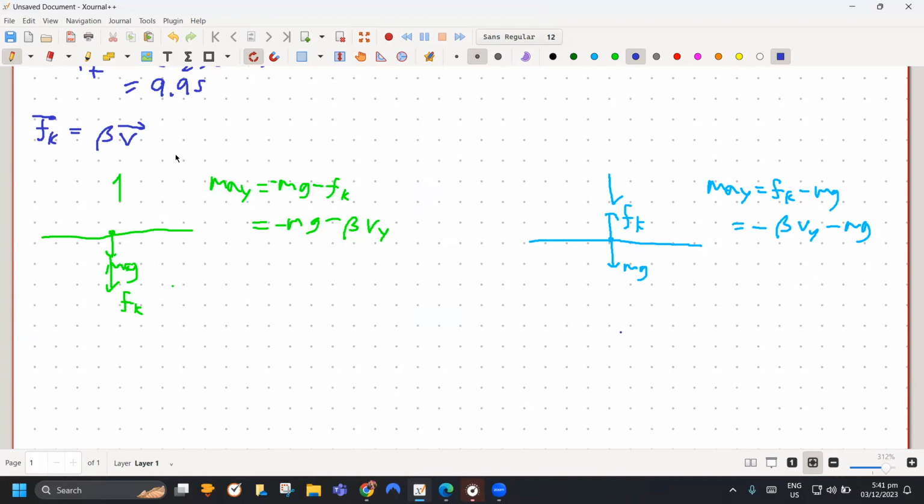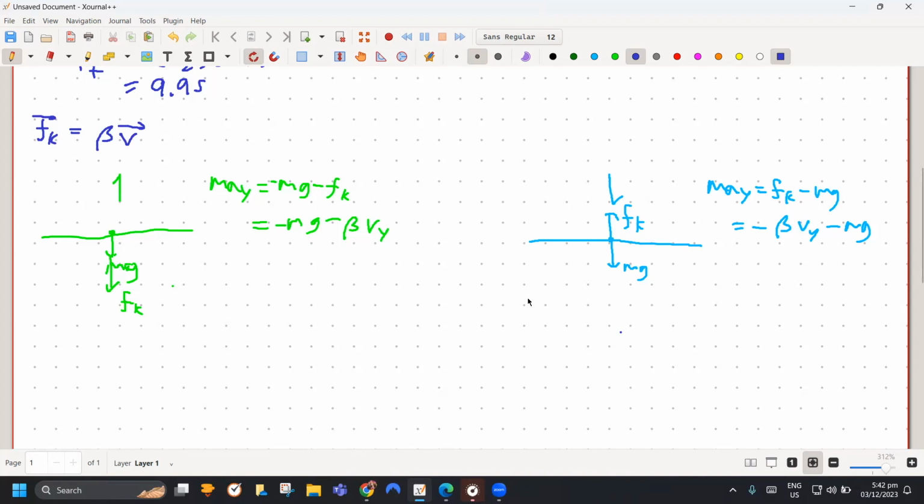So, yung lalabas niyan is FK is equal to beta tapos may negative sign. Dapat, kasi dapat opposite sa direction ng velocity. So, dapat negative beta V. Lagyan mo minus sign yan.